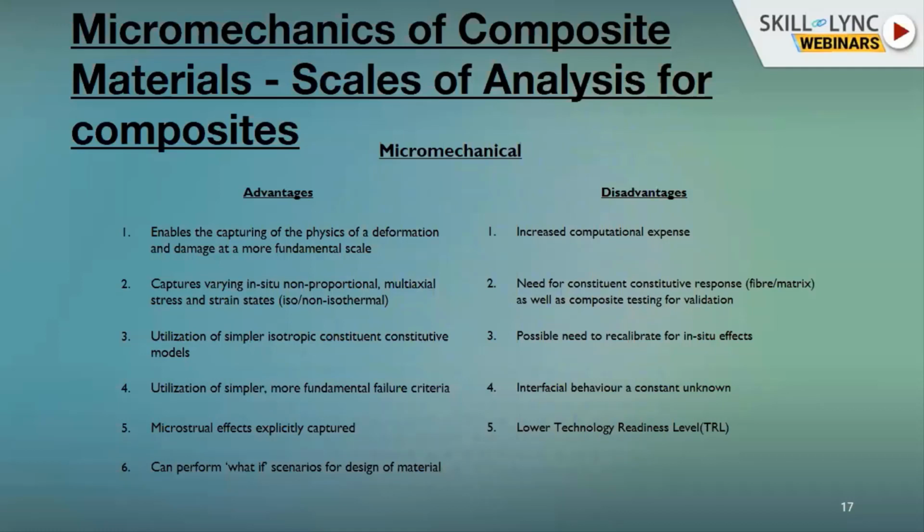The major disadvantage of using micromechanics is that it is extremely expensive when we go for modeling a complete structure in terms of micromechanics. Another major disadvantage is that we need to know the constituent response of the individual constituent materials which are used, and the overall composite will not have the same properties as fiber and matrix.